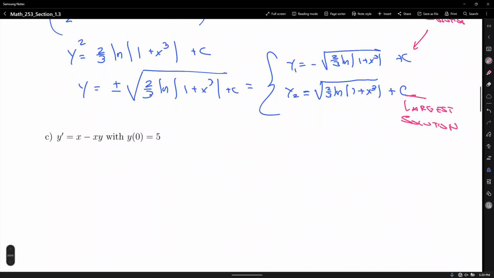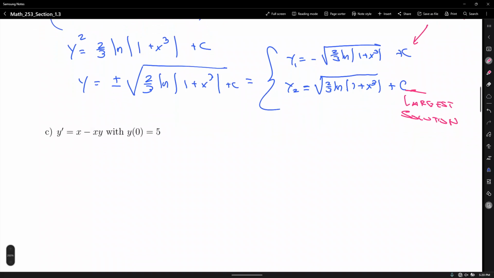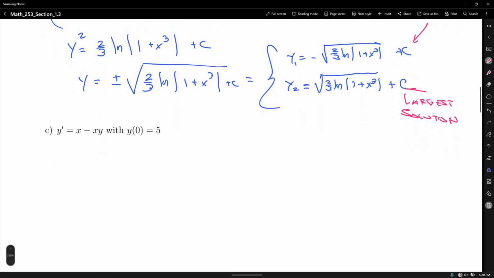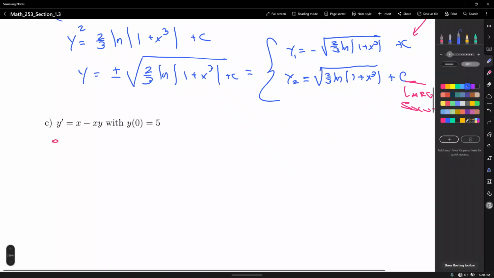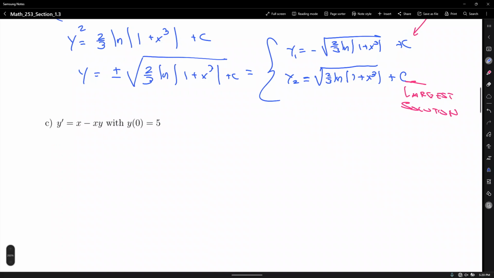So let's ignore that condition for a while. Number one, I would change the derivative symbol to Leibniz notation, that is dy/dx. And at the same time, I'm going to factor x from the right-hand side.